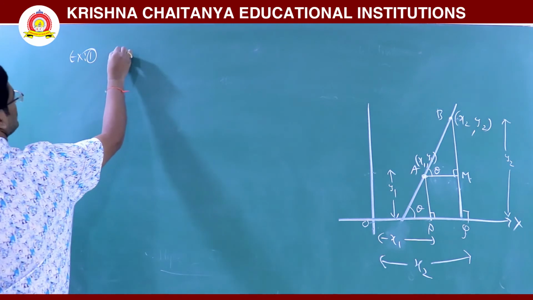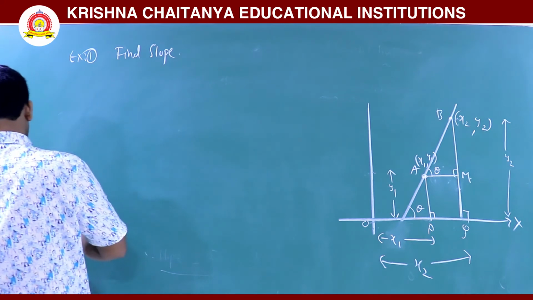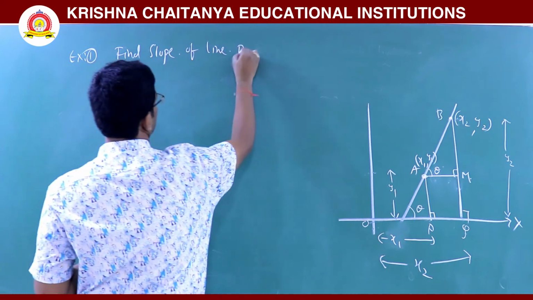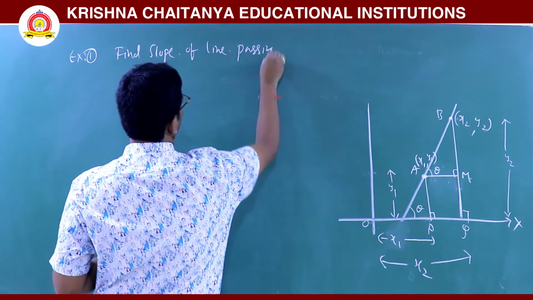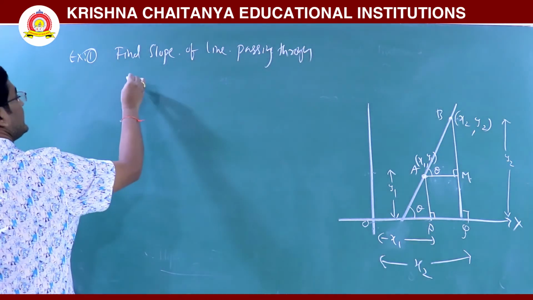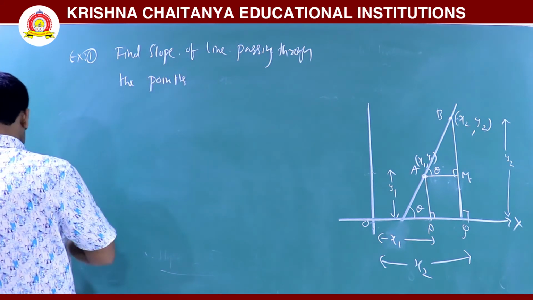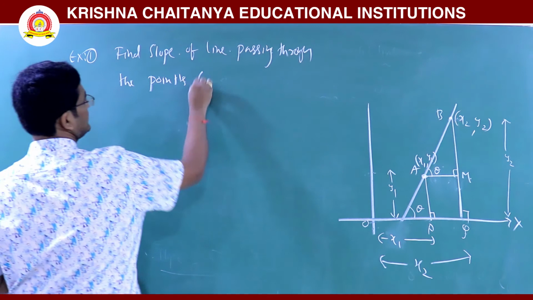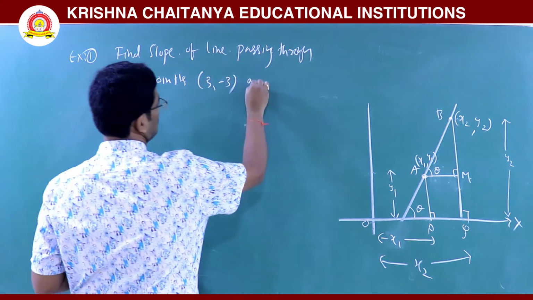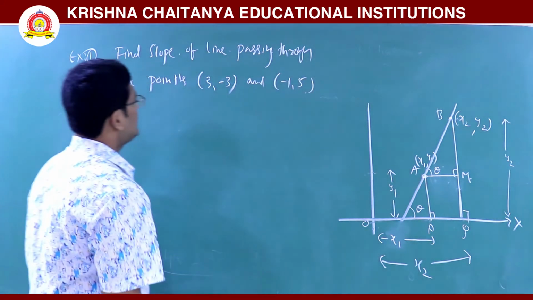Find the slope of the line passing through the points. The first point is 3 comma minus 3, and the second one is minus 1 comma 5.